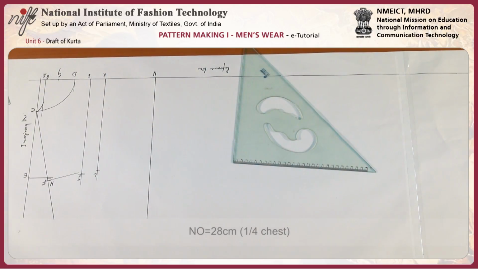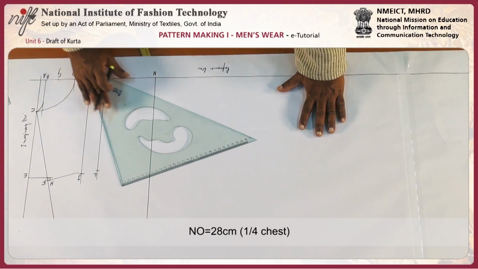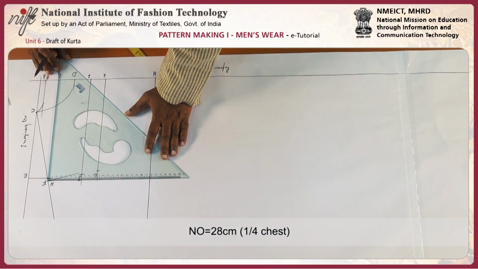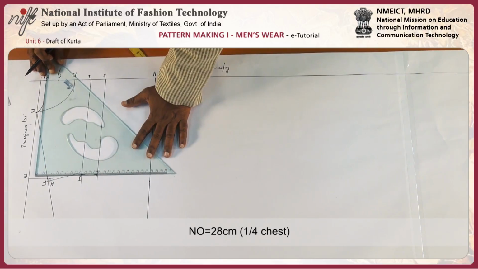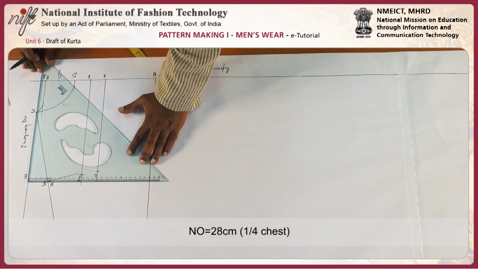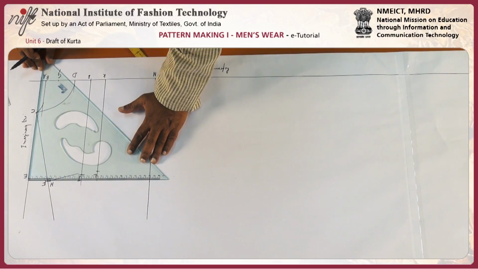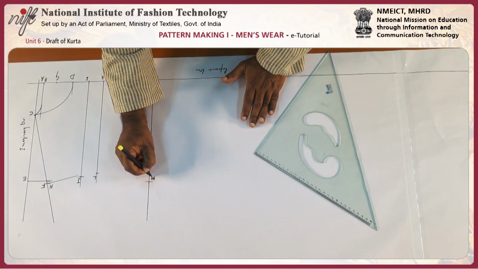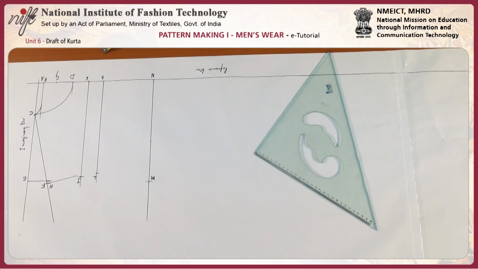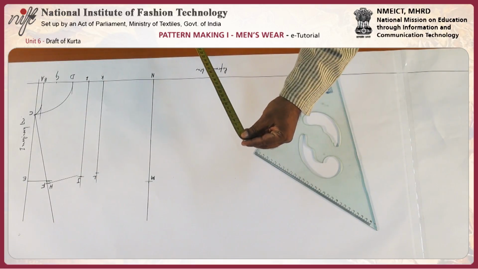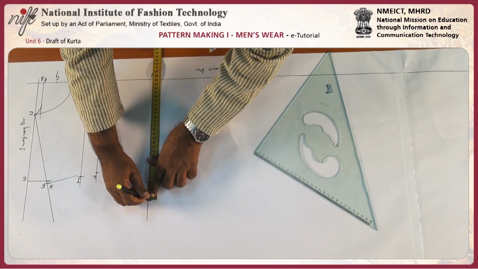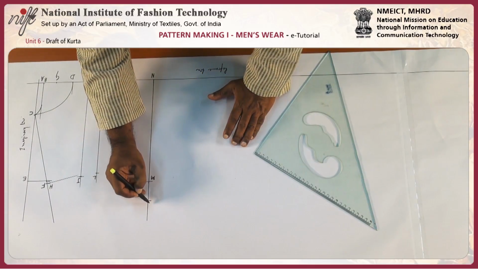Now N to O is 1/4 chest, which is 28 centimeter. This will be O.